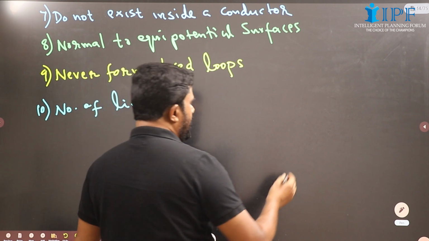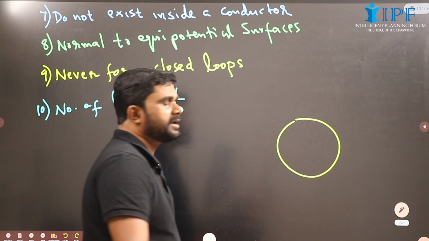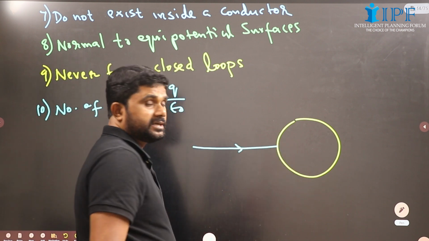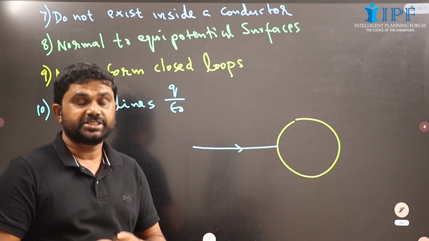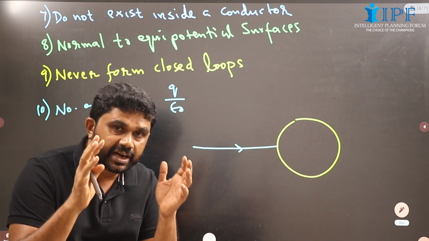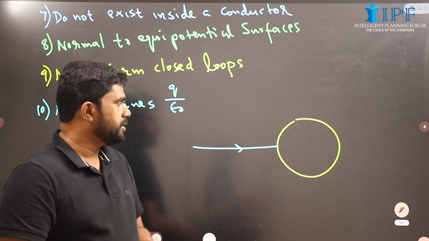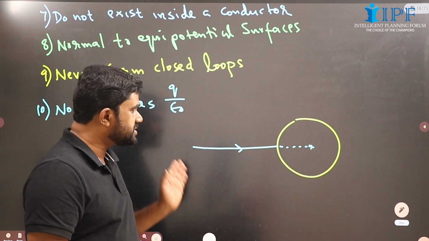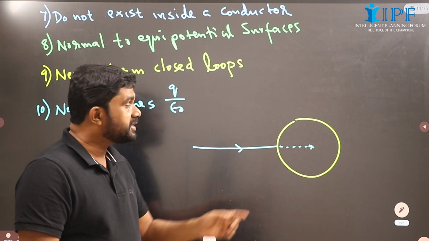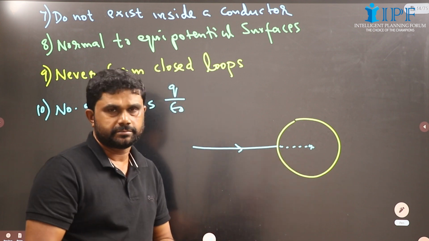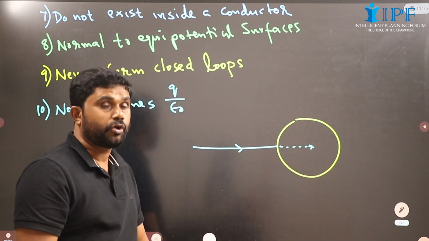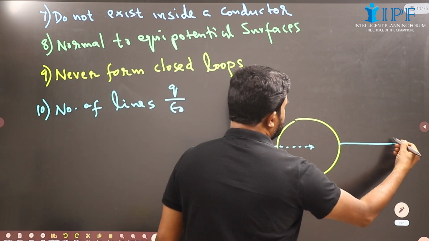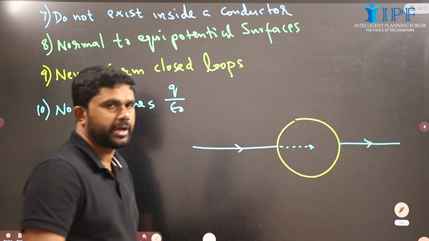Now suppose we have a spherical conductor here, and the electric line of force, this is normal. For a spherical surface, the normal at any point is the radius at that point. So this is radial. This can be an electric line of force. It does not pass through the conductor. It meets the conductor normal to its surface, or radially. Then this electric line of force will continue like this.